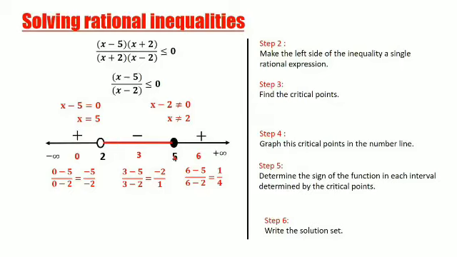So to write it, the solution set is from 2 to 5. But this is a parenthesis because 2 is not included, and this is a bracket because 5 can be included. Or you may write it this way. Solution set is x is a set of all real numbers such that x should be greater than 2 but less than or equal to 5.